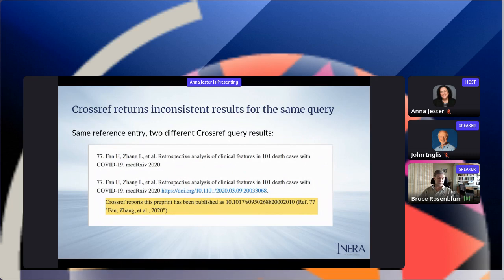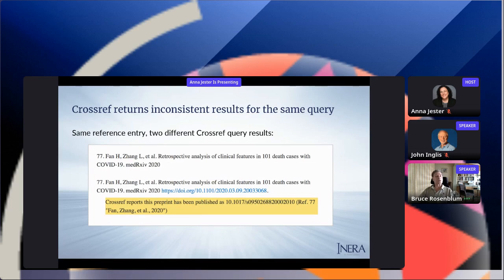Another challenge we've run into, and I pointed this out earlier, is that if DOIs are missing, it may be tough to fill them in. Crossref returns inconsistent results, even when you make the exact same query 30 seconds apart. So here's an example of a preprint that didn't have a DOI, and we literally queried the same item 2 times 30 seconds apart. The first time we got back from Crossref no response, that it just didn't have a DOI for it.